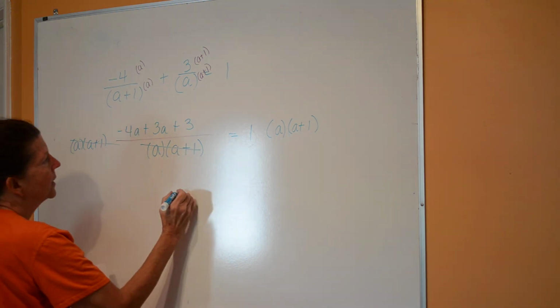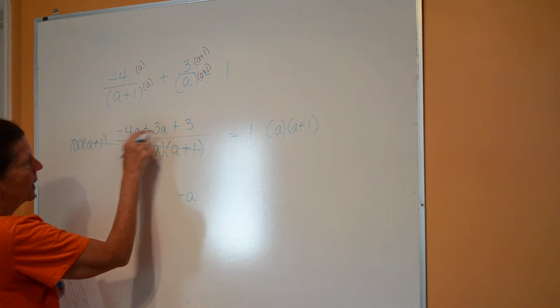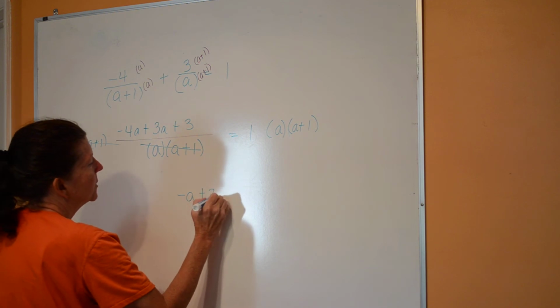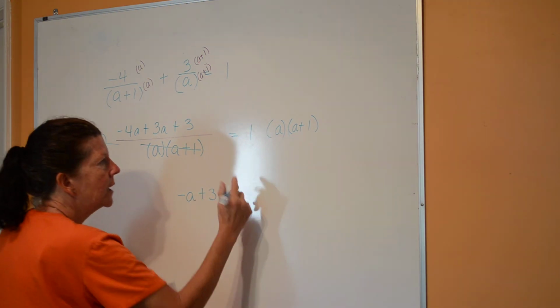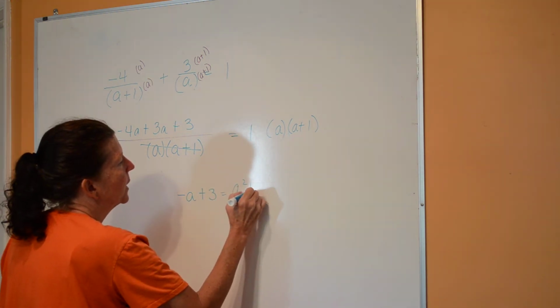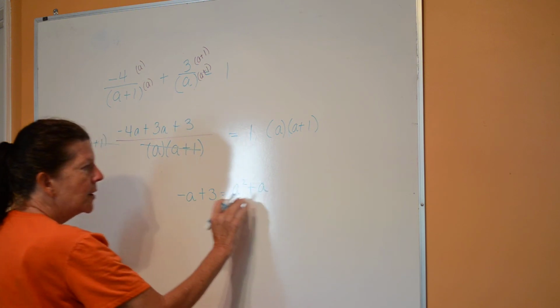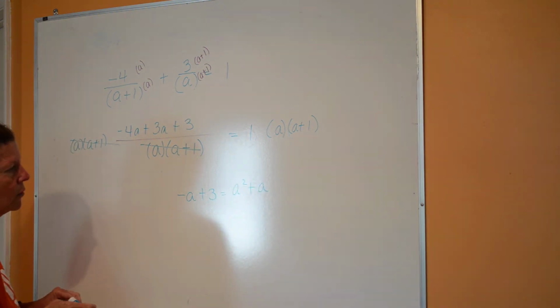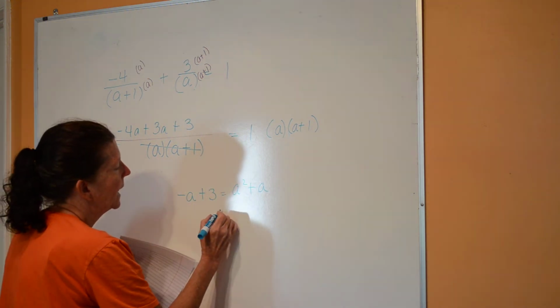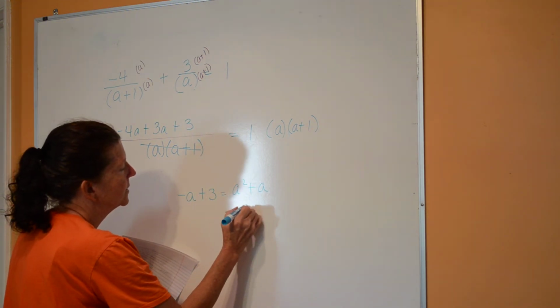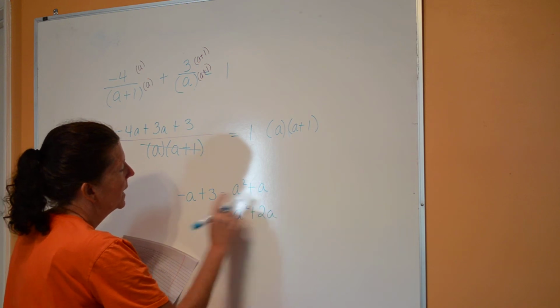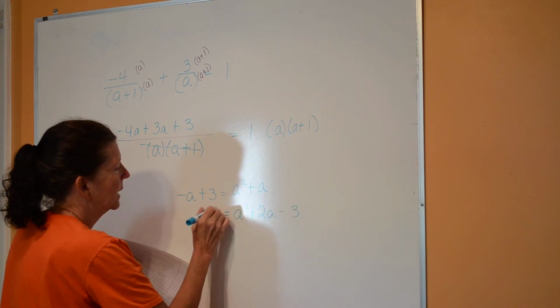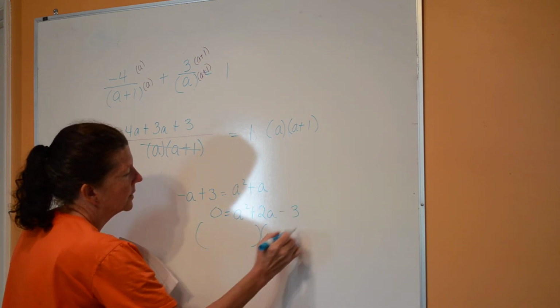So what I'm left with is negative a, because I combine those two together, plus 3 is equal to, and I'll go ahead and multiply that, so that's a squared plus a. Notice I've got an a squared that isn't going to go away, so I want to bring everything to one side. I'm going to add an a, so I have a squared plus 2a, and I'm going to subtract the 3. Then I'm going to have to solve this.